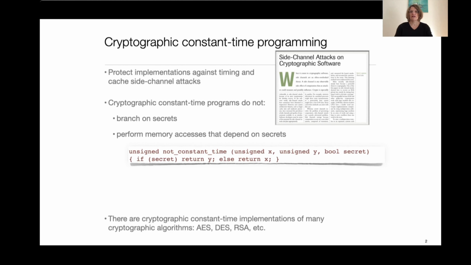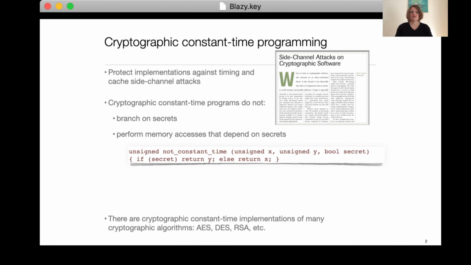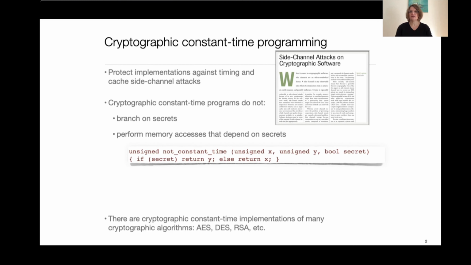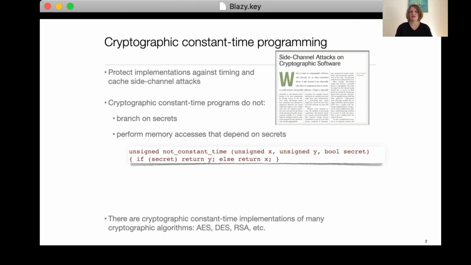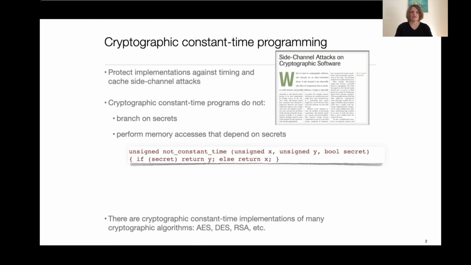So, let's suppose I am implementing a new block cipher in C, where I know the secret keys I want to protect against a side channel. I will follow the constant time programming discipline and write a program that cannot use the code snippet I've shown on my slide. Indeed, in this small function, there is an if statement with a condition that is a secret value.